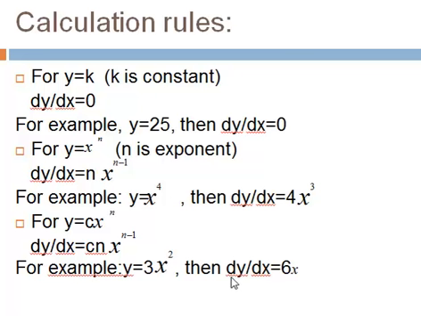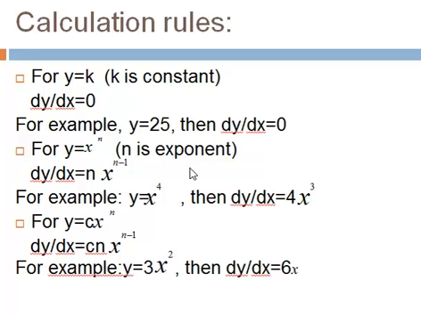In our future work with MR and MC, the marginal revenue and the marginal cost, we will have some exponential functions. So we need to know how to handle this. Look here. y is equal to x raised to the power of n. n can be any integer. n is the exponent.